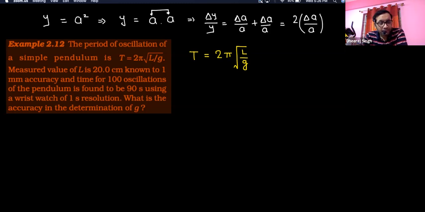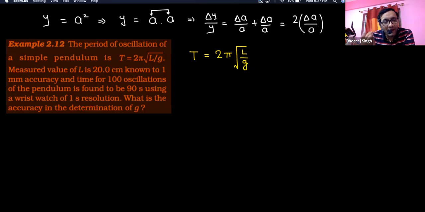Okay. Listen here now. Time period is 2 pi under root L by G. The measured value of L is given. The error in L is given. And the time for 100 oscillations is given. The formula you have is the time for one oscillation, not for 100 oscillations.